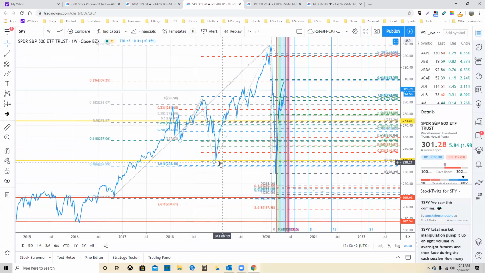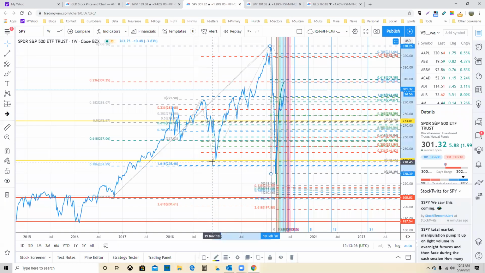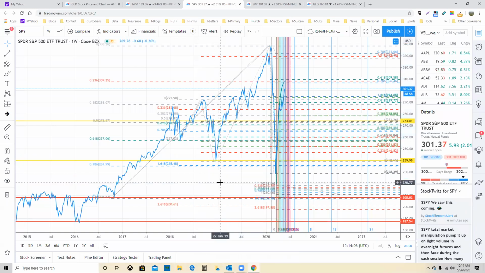Which seem to be the important events, the volatility event and the end of the year sell-off, which should be about there. This one, yeah, they're even, so that's good.